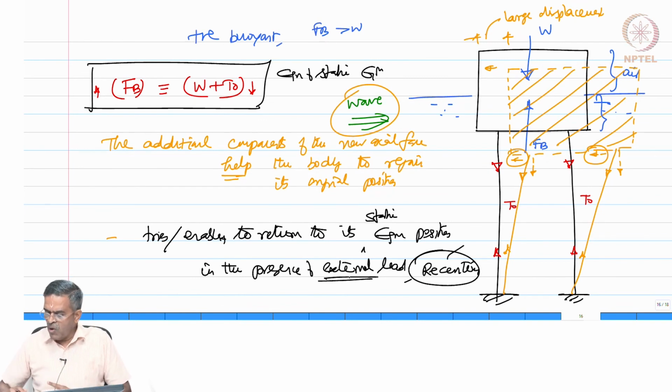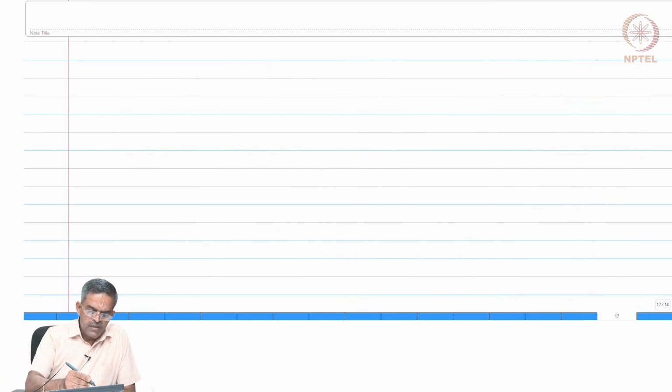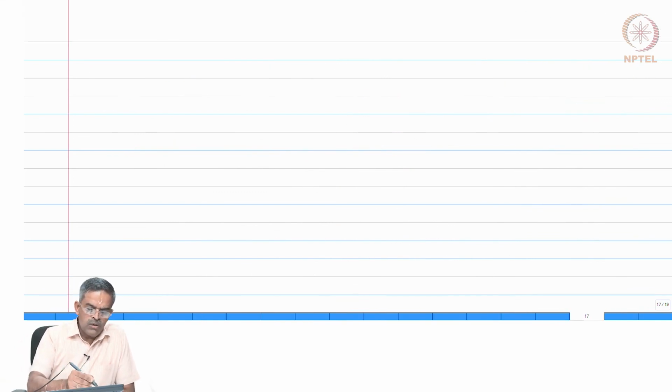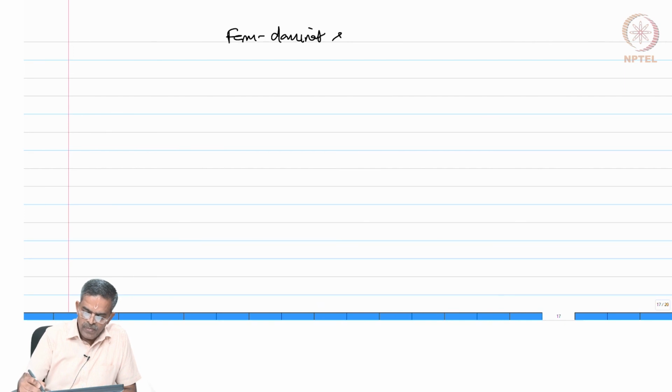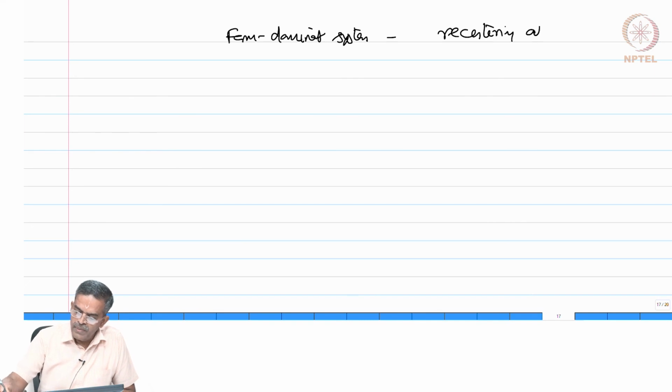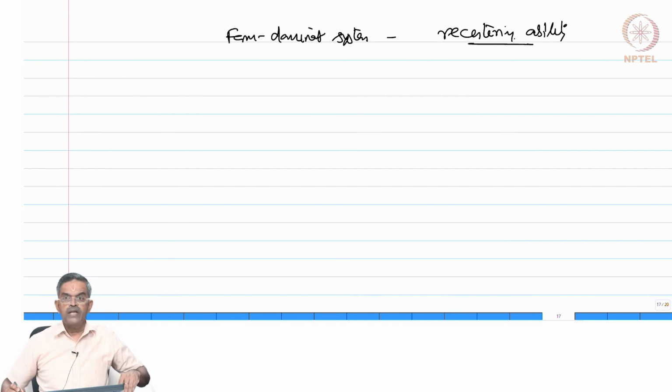So, for form dominant design systems, we must ensure recentering ability. The form dominant design systems should ensure a good recentering ability. Then only the system can sustain the loads acting from the environment.